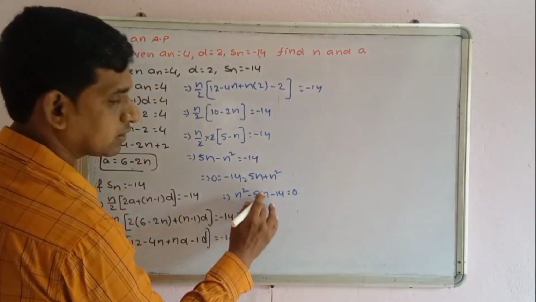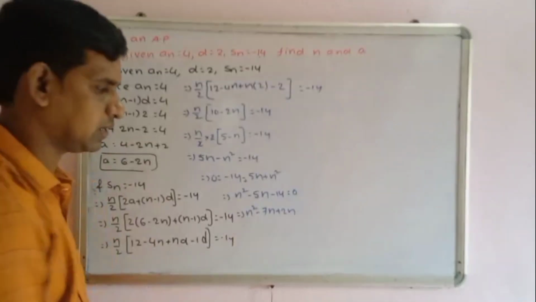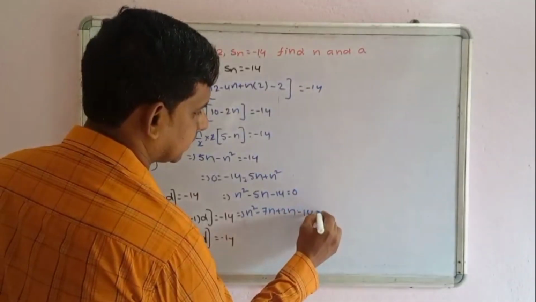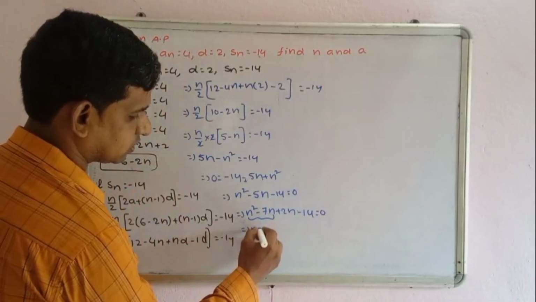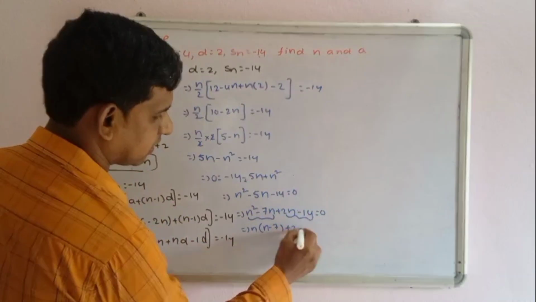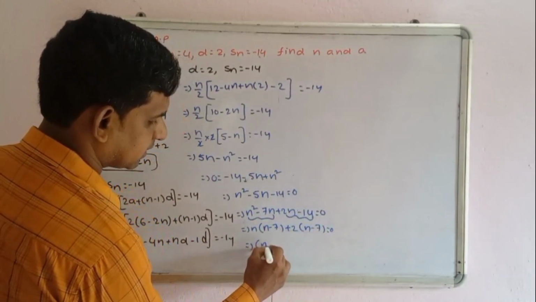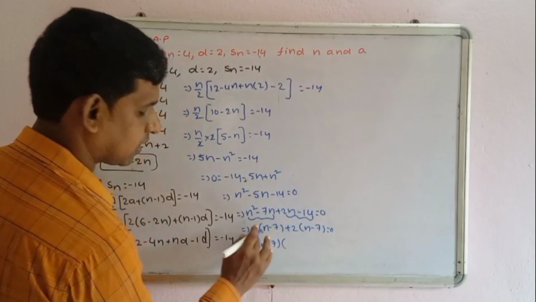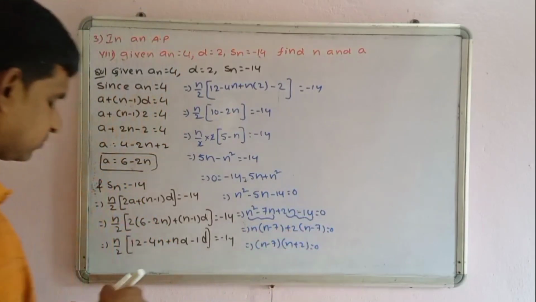This can be written as n square minus 7n plus 2n minus 14 equals 0. Take n common from the first two terms: n minus 7. From the second two terms, take 2 common: n minus 7 equals 0. So n minus 7 is a common term, and the other factor is n plus 2 equals 0.